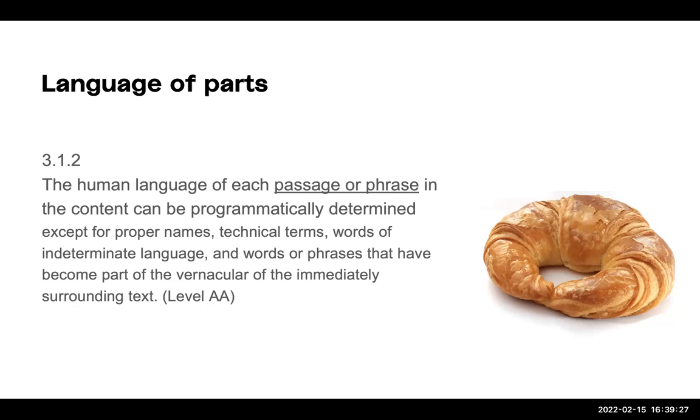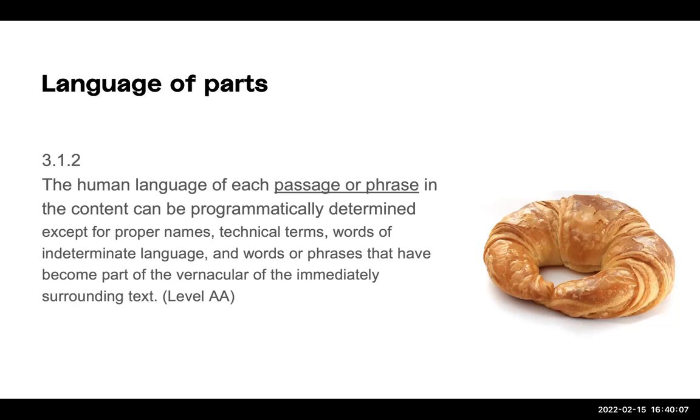So I would identify the whole content as English using lang equals en on the HTML tag, and then on the container of the word croissant, you identify this part of the page with a different language. For example, you identify the span that contains the word croissant with lang equals fr, which stands for French.